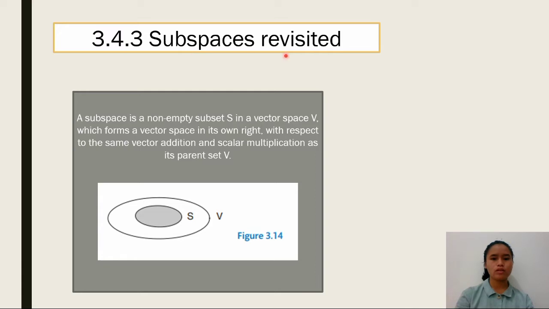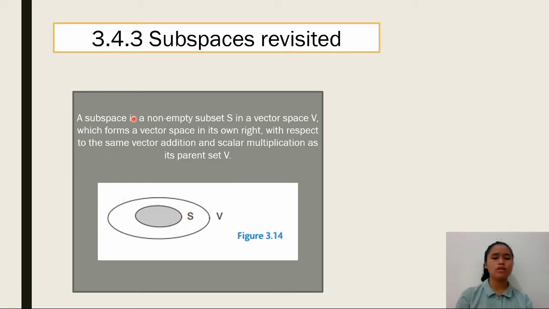3.4.3 Subspaces revisited. In the previous chapter we have already learned about subspaces and subsets, right?